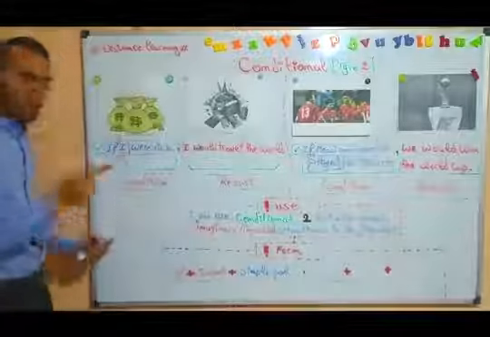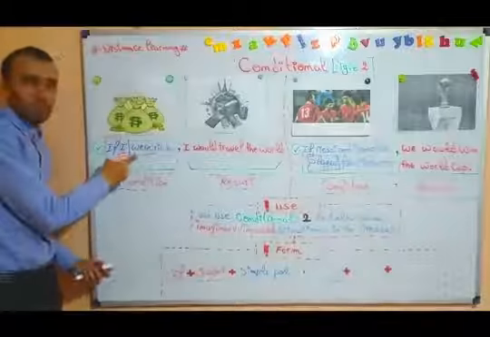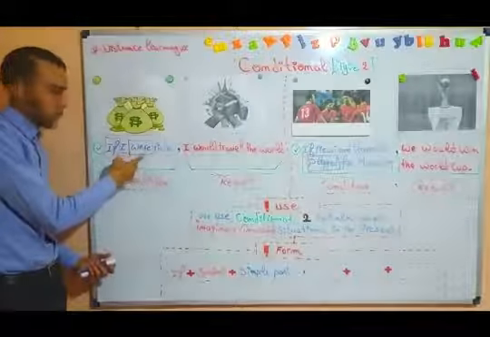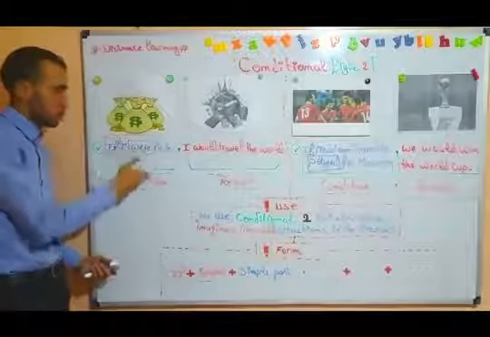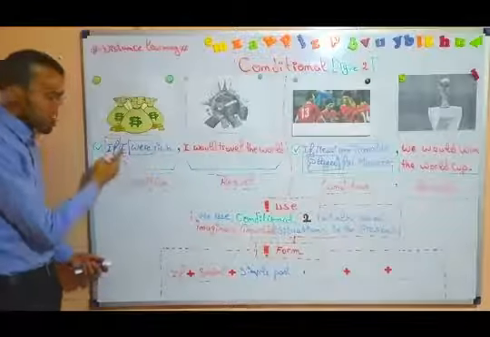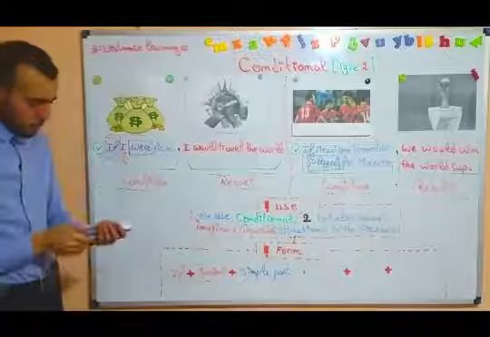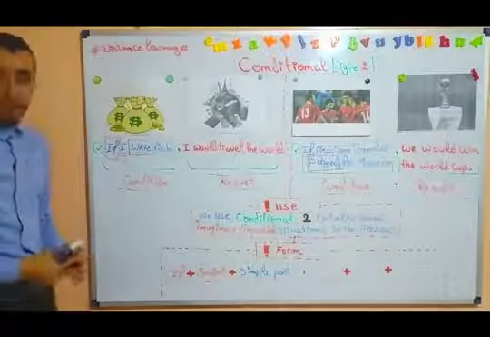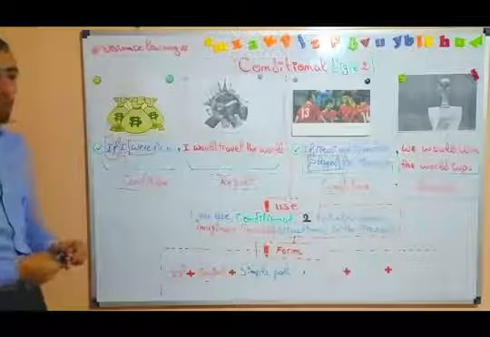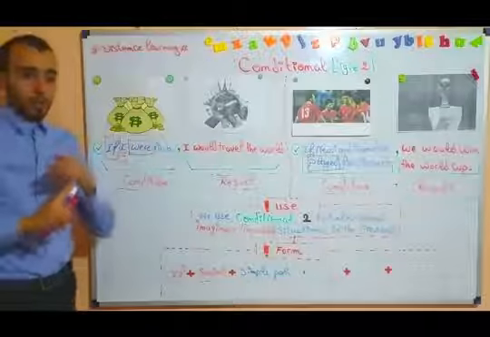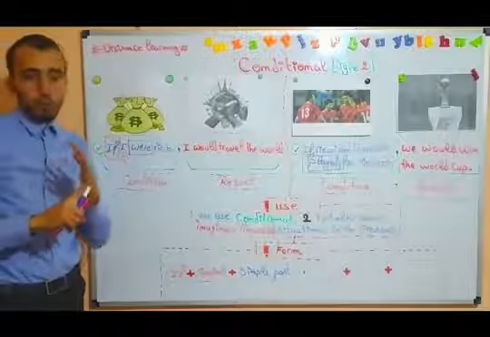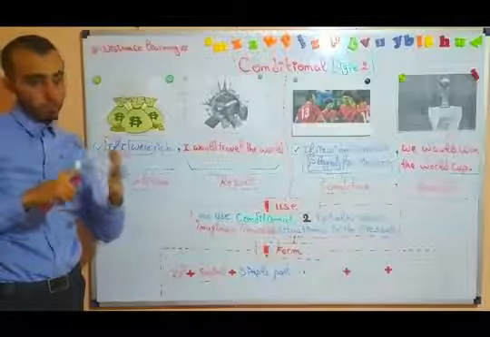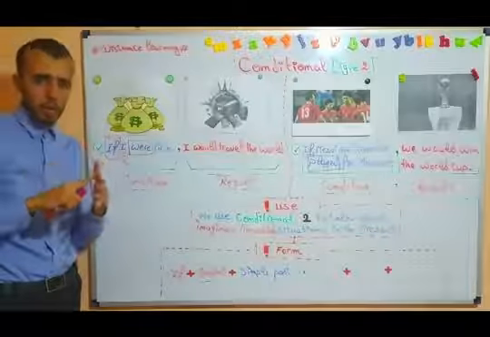And then you might ask, why did we use the form were and not was, since the subject is I? I agree that it's a rule that we use was for I, he, she, and it.